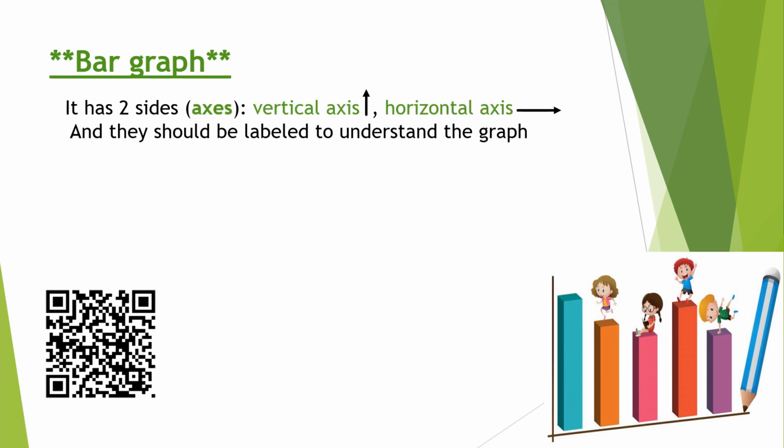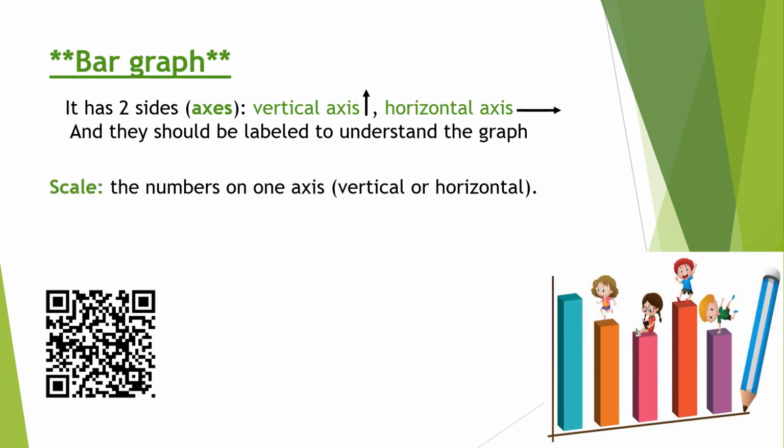This year we became older and bigger, so we will call them axes. It has two axes, a vertical axis and a horizontal axis. And they should be labeled to understand the graph. Labeled means they should have a name.